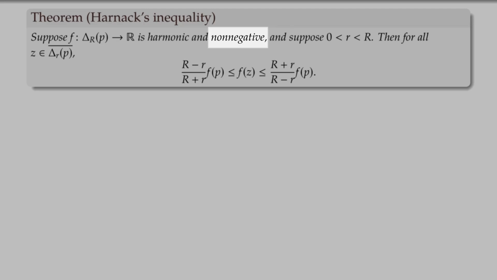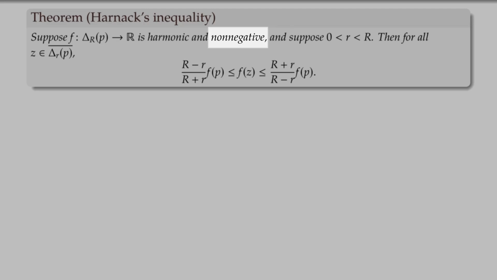You can always move that around, but that's the analog: bounded for holomorphic is non-negative for harmonic. You've seen, for example, Liouville's theorem. The analog is that there is no entire non-negative harmonic function on the plane.